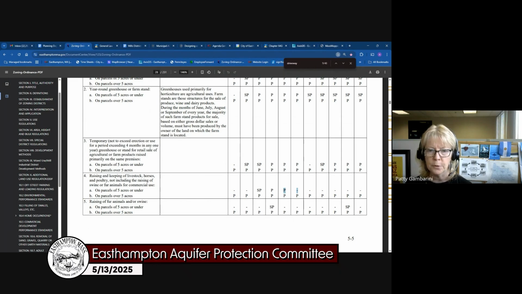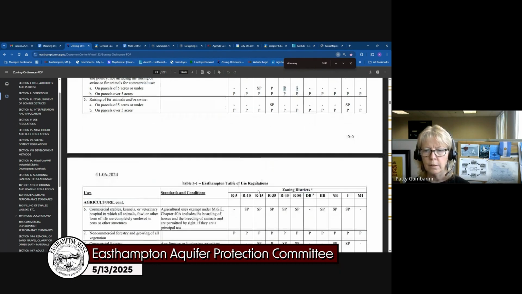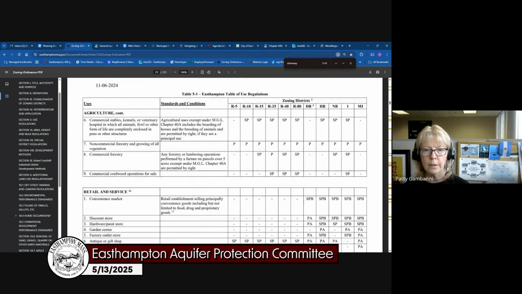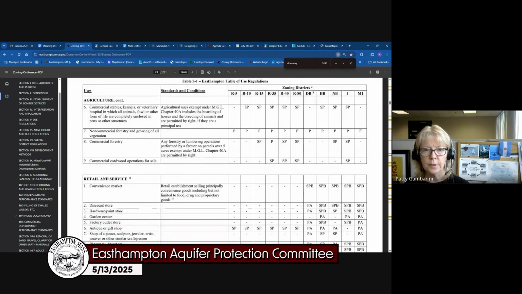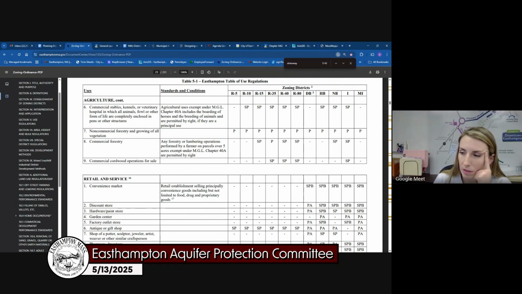So you can keep scrolling. Mass General Law also gives by right the boarding of horses and the breeding of animals, if they're a principal use. Chapter 40A has certain qualifiers for it to meet the exemption. One of them is 5 acres.